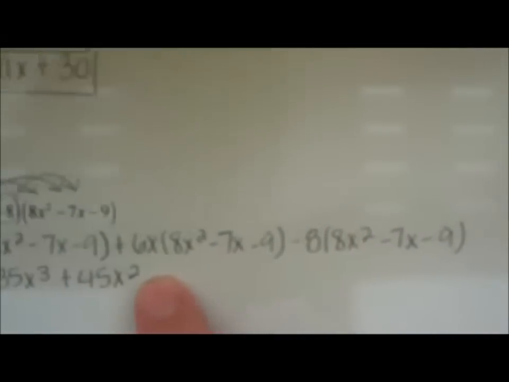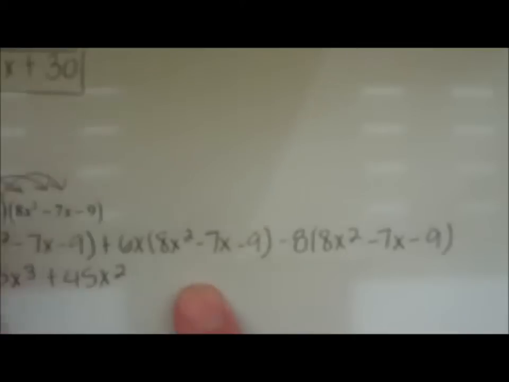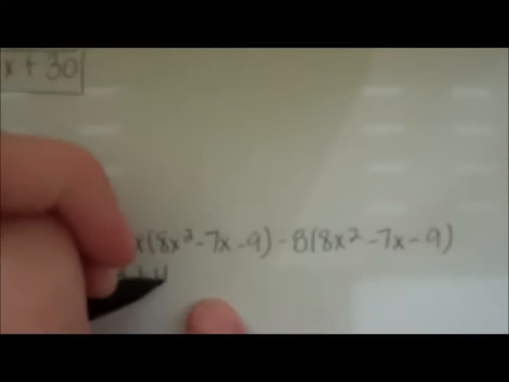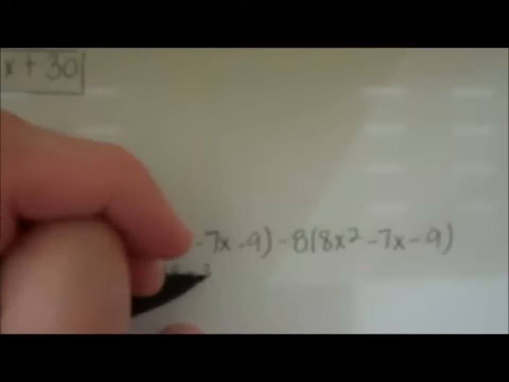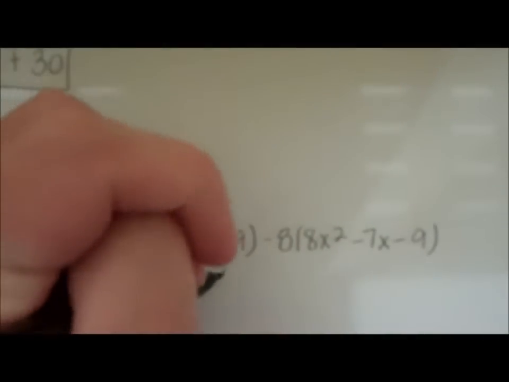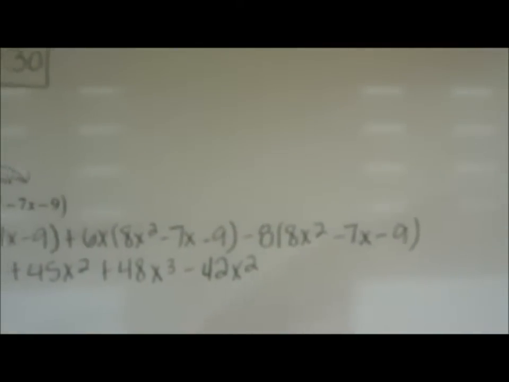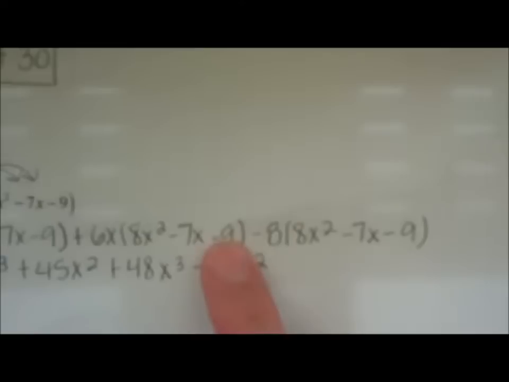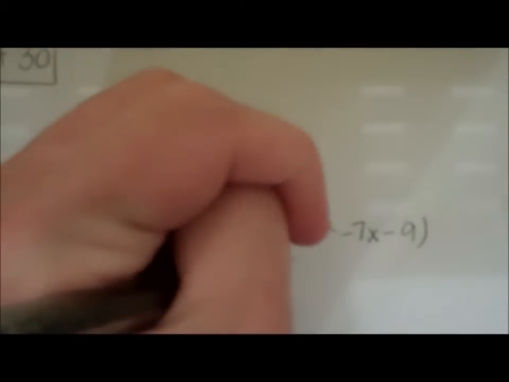Moving on to the second one. 6x times 8x squared, positive 48x cubed. 6x times negative 7x, negative 42x squared. 6x times negative 9, negative 54x.